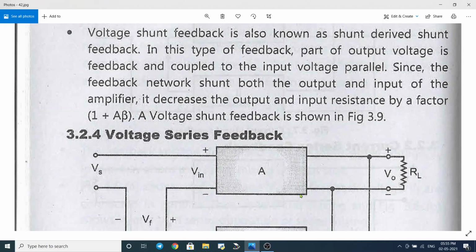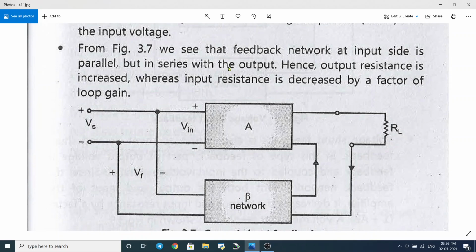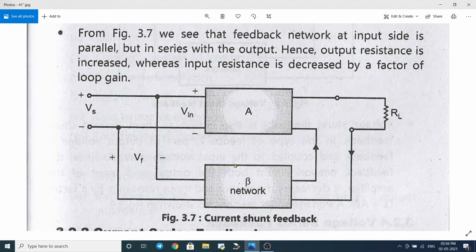So let us repeat this point again. That is current shunt feedback, current series feedback, voltage shunt feedback and voltage series feedback. Simply, what we have to do is draw the diagram. This is the diagram for current shunt feedback. How is it drawn?